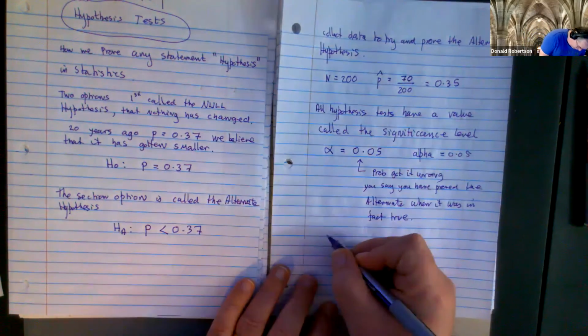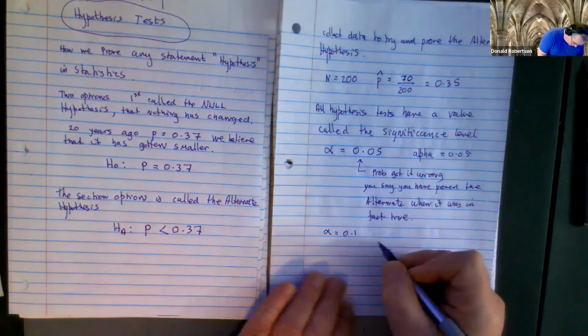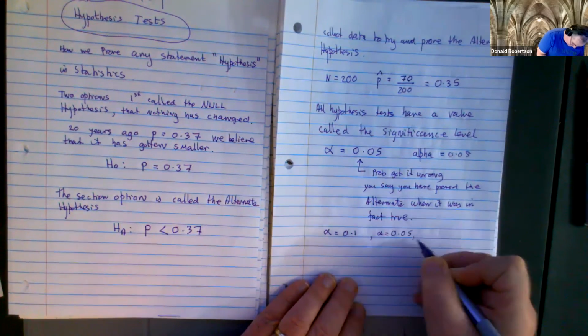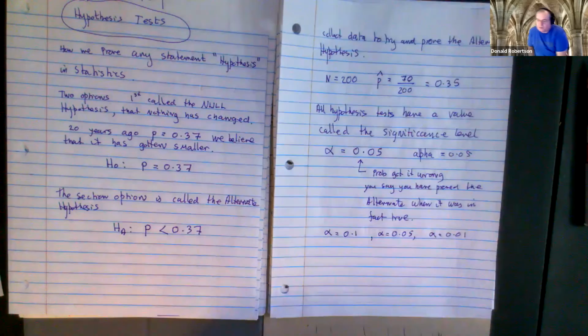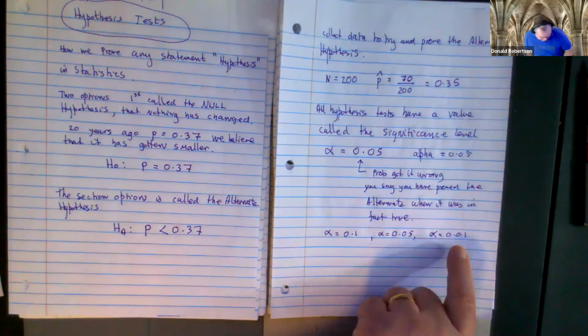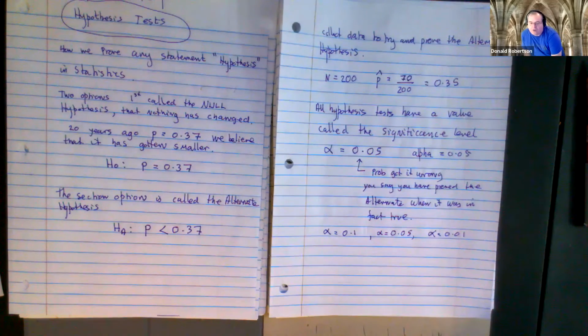The standard significance levels are, in fact, 0.1, 0.05, and 0.01. Those are the normal significance levels, right? The chances that you are willing to be wrong.